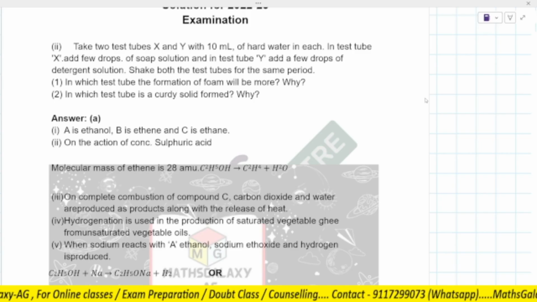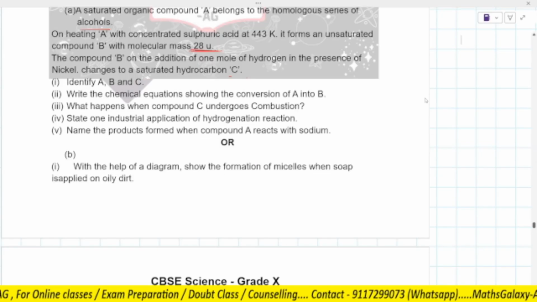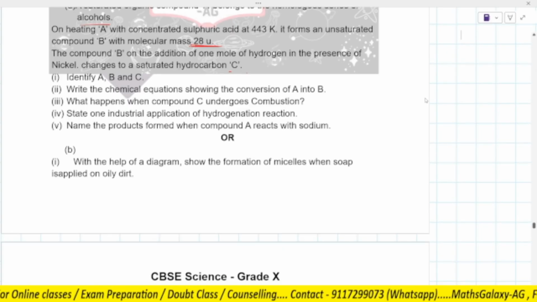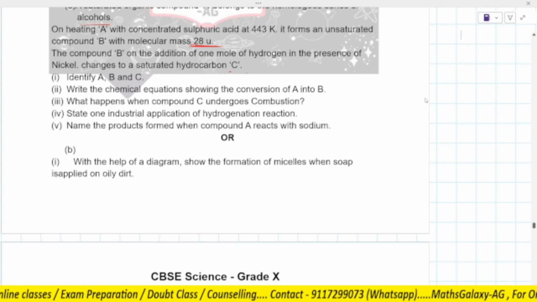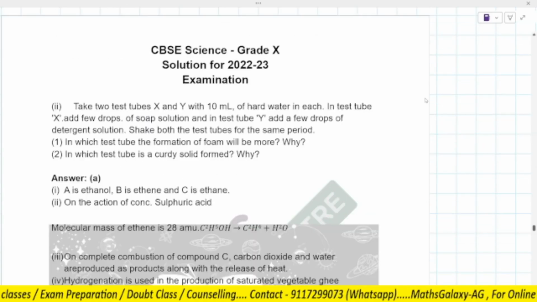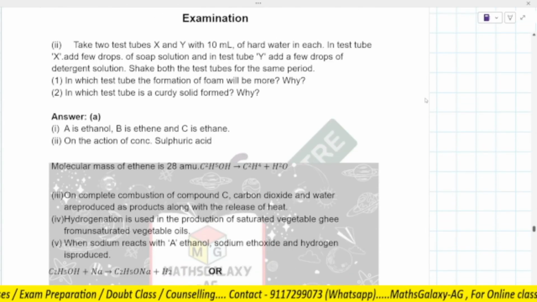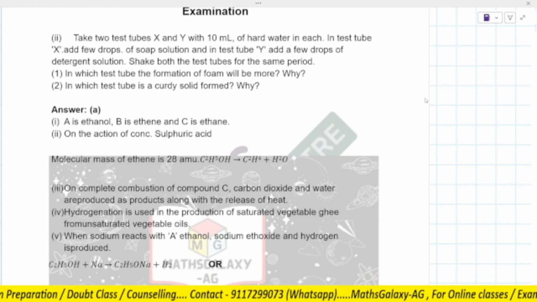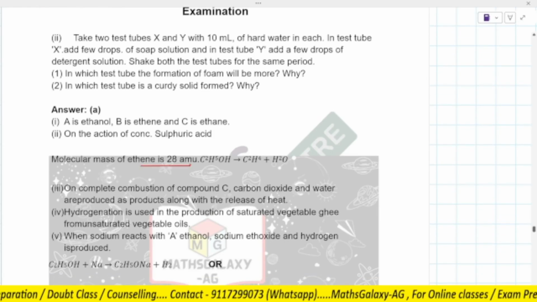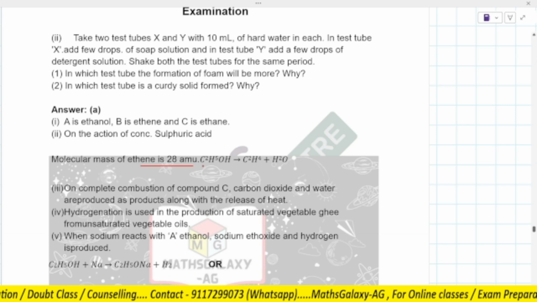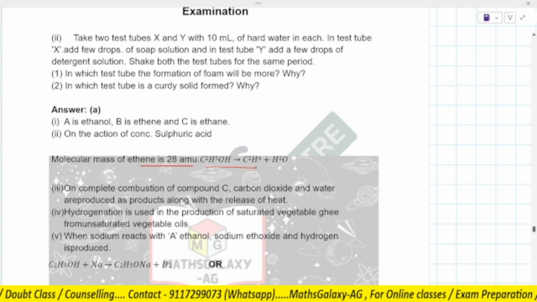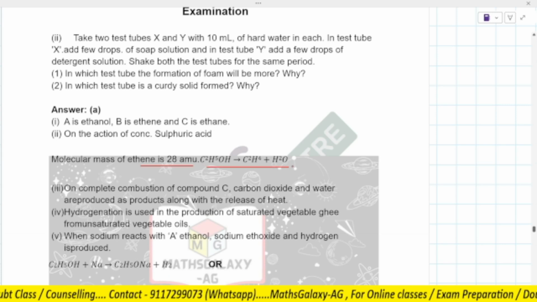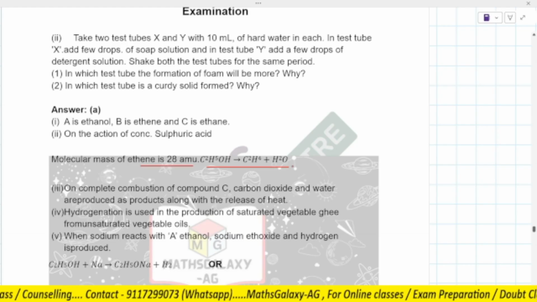Now the second question says to write the chemical equation showing the conversion of A into B. On the action of concentrated sulfuric acid, the molecular mass of ethene will be 28. It will be C2H5OH, and after reaction it will be C2H4 plus H2O.